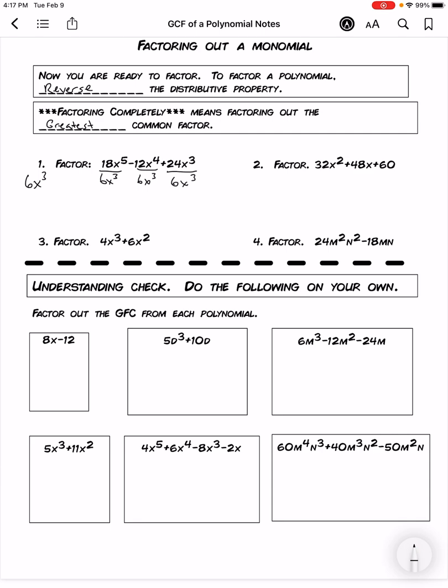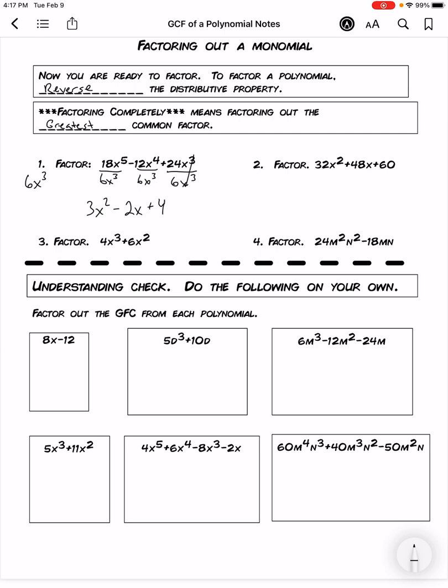So 18 divided by 6 would be 3. X to the fifth divided by x to the third would become x squared because there are 2 more on top. Okay, and then a negative 12 divided by 6 is a negative 2. And then I have x to the fourth divided by x to the third. There is 1 more x on top. And then lastly, 24 divided by 6 is 4.